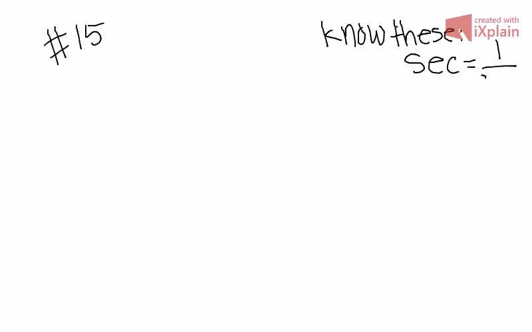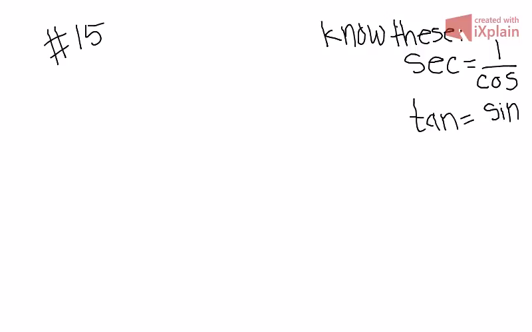Okay, so number 15 here. So for all of these, we need to know how to change things around to get it in terms of other things that we can solve more easily. So secant is the same thing as 1 over cosine.